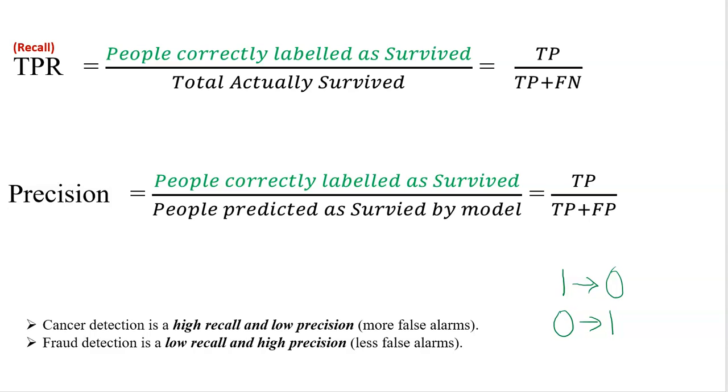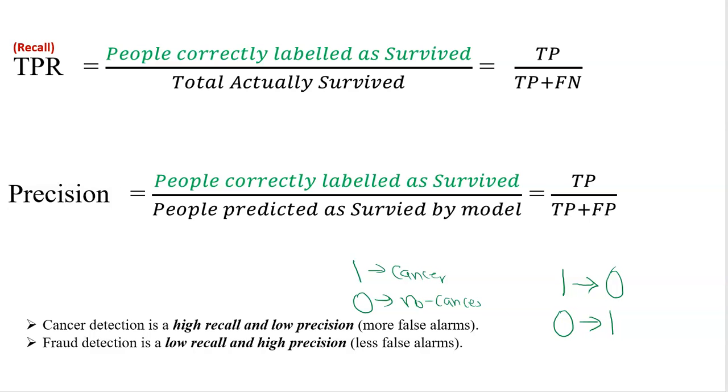If, for example, there's a patient that has cancer, and the model says that the patient does not have cancer, then that model is not good. You don't want that. So let's say one means cancer or any other disease like diabetes, and 0 means no cancer.